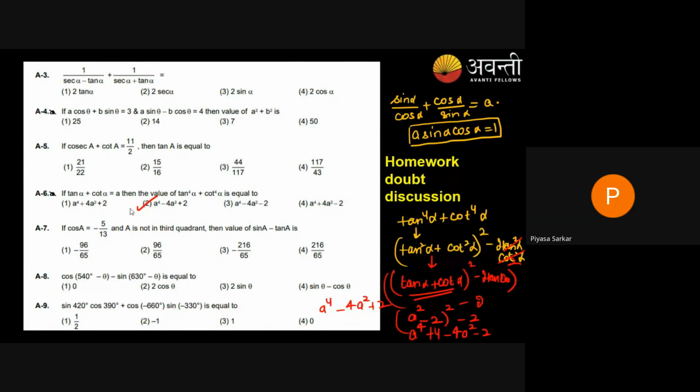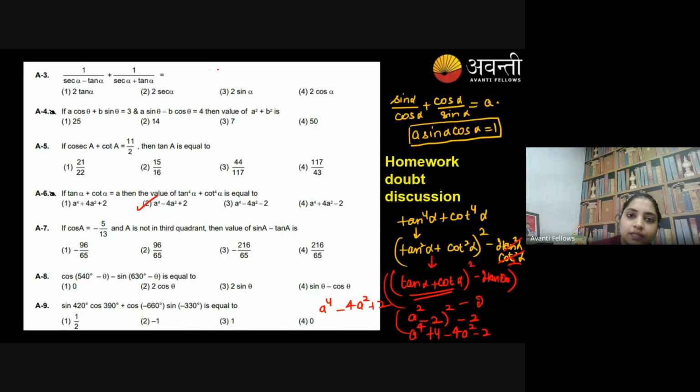Ma'am, I can't understand how it became minus 2 tan alpha cot alpha and minus 2 again. Okay, see. In the basics of 10th, when we were in 10th, we had quadratic equations. Have you ever gone through a square plus b square can be written as a plus b whole square minus 2ab basically?